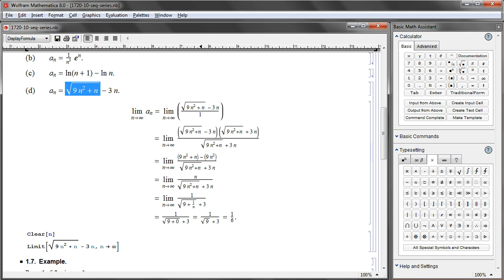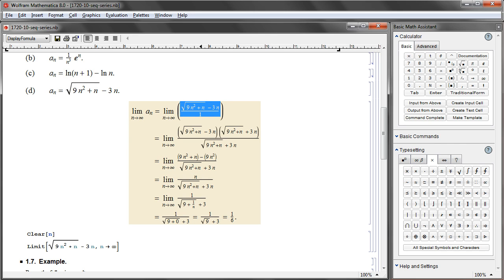So this expression can be written as that over 1, and then rationalize the numerator by multiplying the conjugate, square root plus 3n over square root plus 3n. And then you can expand the numerator, a minus b times a plus b, so a squared minus b squared. Consequently, we can drop the square root, and then cancellation applies.